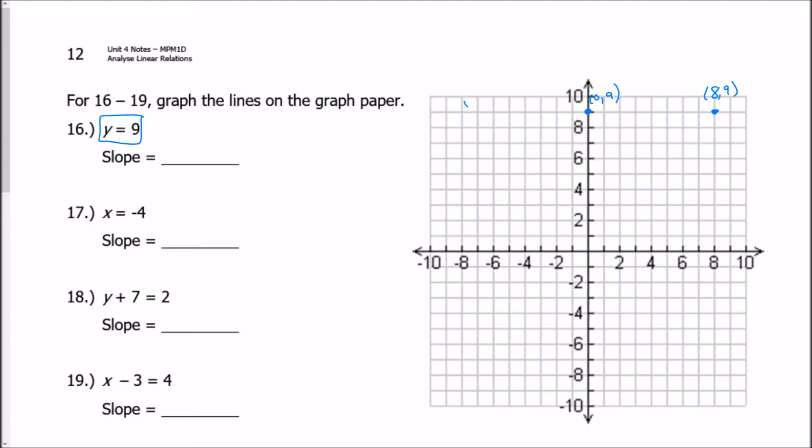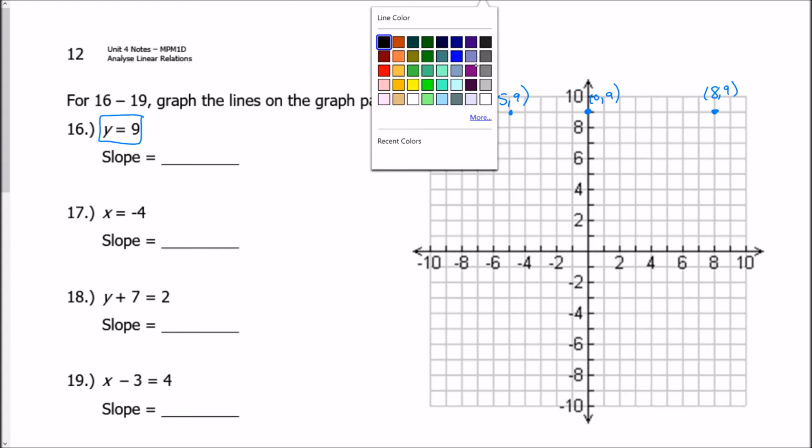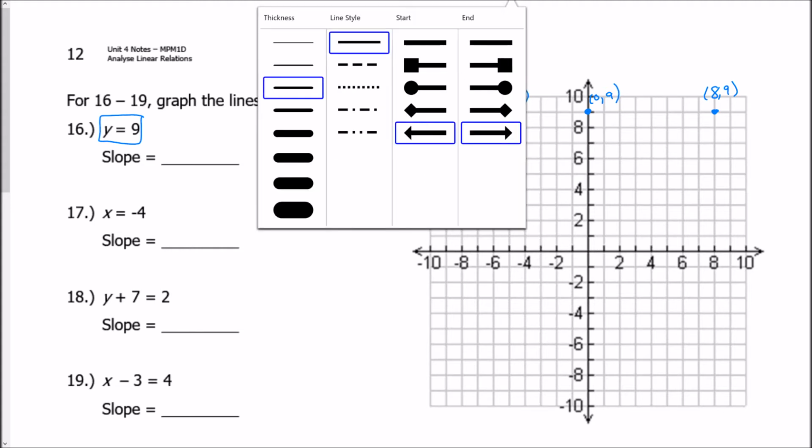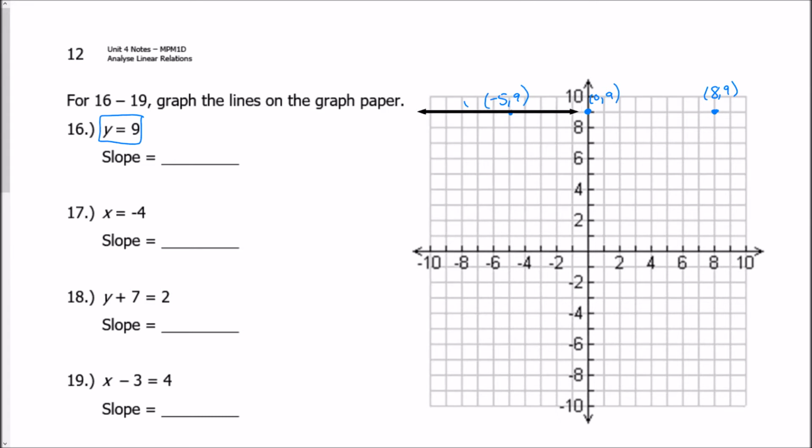This point right here, for example, would be negative 5, 9. So all these points right here will always work. So y equals 9 is going to be a horizontal line, and it's going to go through right here. So it's going to look just like this. So this equation right here is going to say y equals 9.